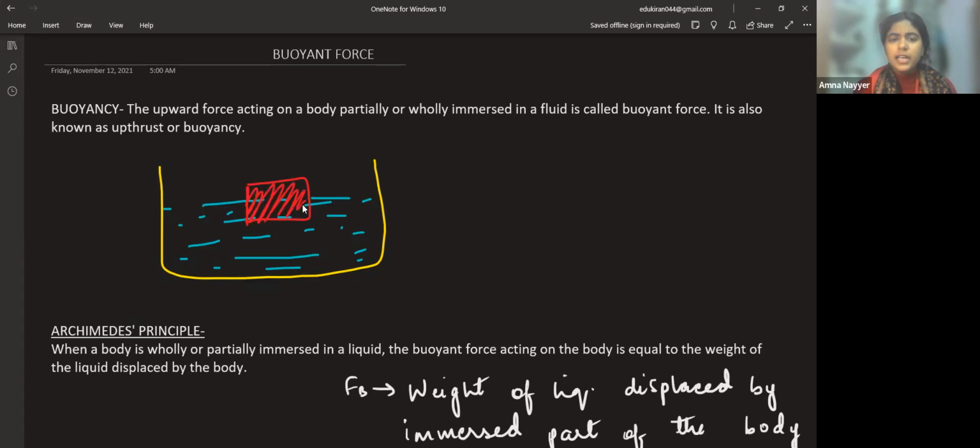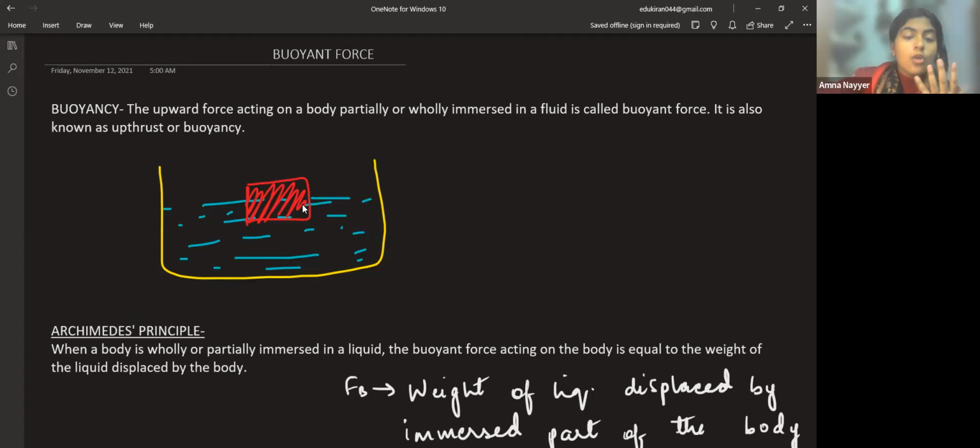Even if you take a real life example, if you are putting a mug inside a bucket filled with water, you feel a resistance. You're not easily able to push it into the water, right? There's a resistance that you feel.